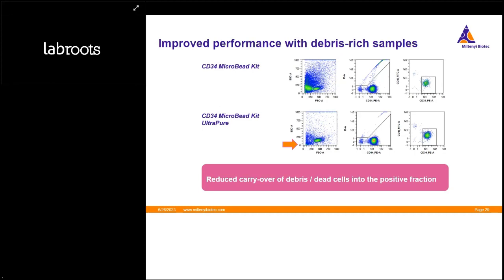So if your sample is relatively aged cord blood, peripheral blood, or whole blood, this could be something ideal to consider, because you will likely have quite some dirty chunks of debris, and this kit can help you efficiently remove that.